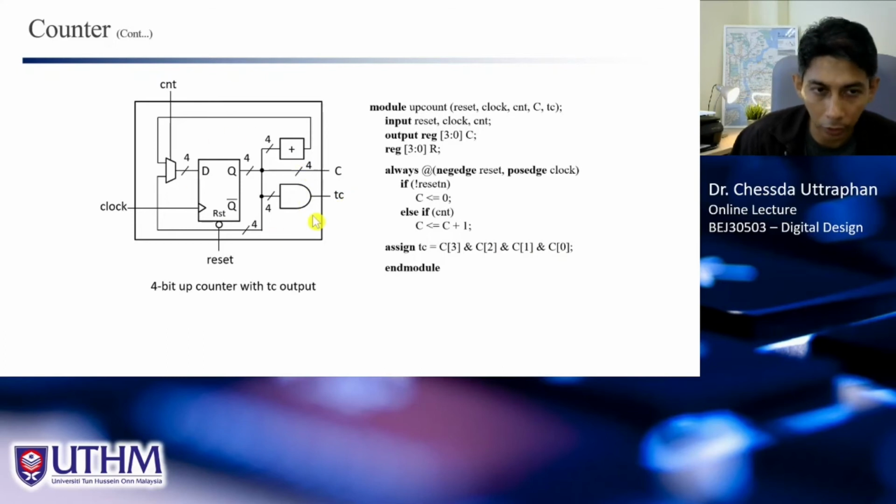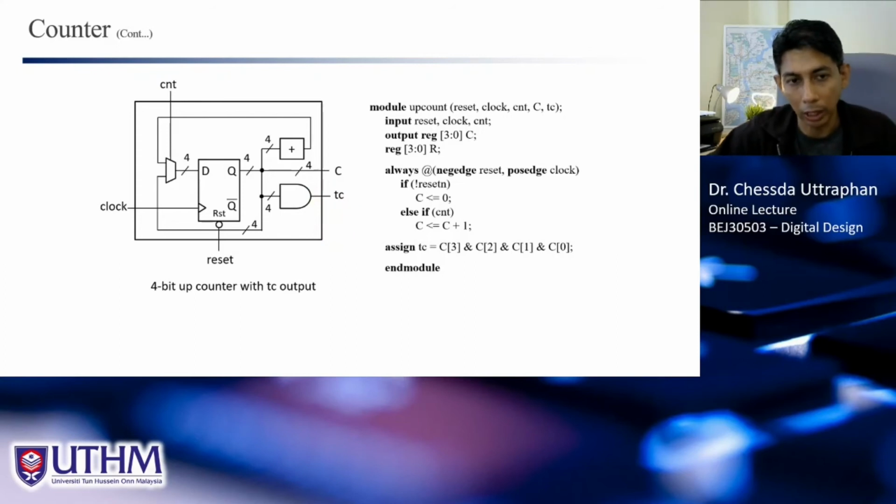So this is very useful also when we design a circuit later on. When we have the counter and we want to know if the counter is full, or what we call overflow already, we can get this signal, because the counter is used to count a number. So we can actually design a circuit to count to a certain number, and we want to know whether it is counting to that number already or not.